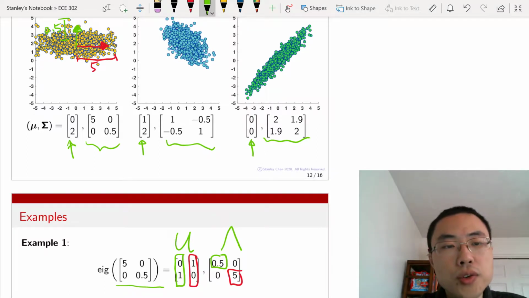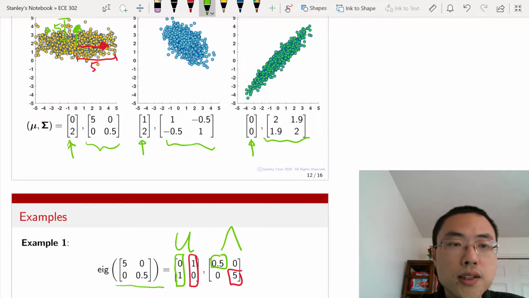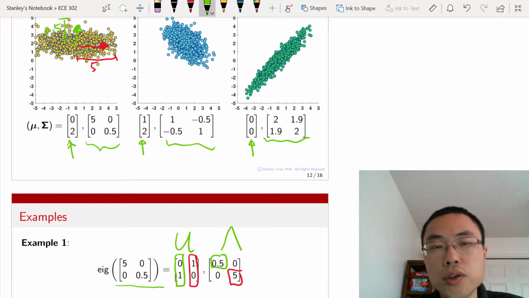You can see that this 5, of course, corresponds to certain values of the standard deviation. There's a linear scale factor, but you can sort of see the ratio. This is 5, and therefore it is a lot higher than this number. And therefore you can expect to have more fluctuations along the horizontal line, and less fluctuations along the vertical line.